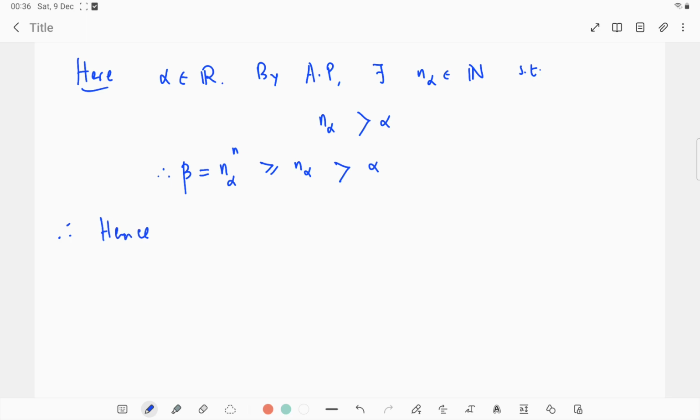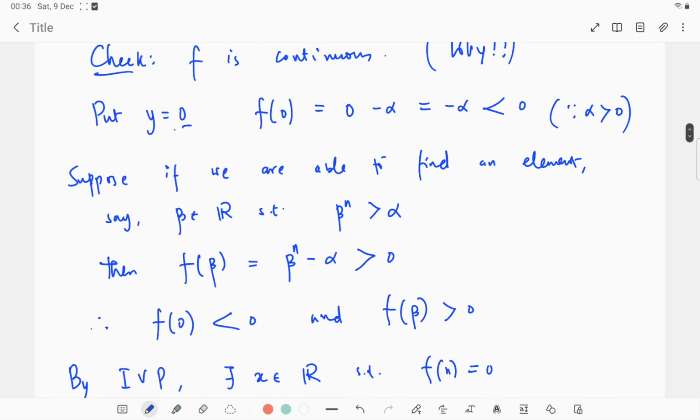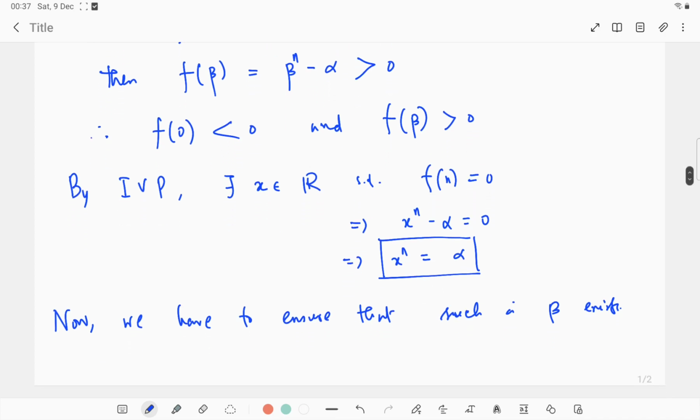Hence we have proved that we are done, right? Because our point was that if we are able to find such an element beta such that beta to the power n is greater than alpha, then this implies that there exists an element x inside R such that x to the power n is equal to alpha.